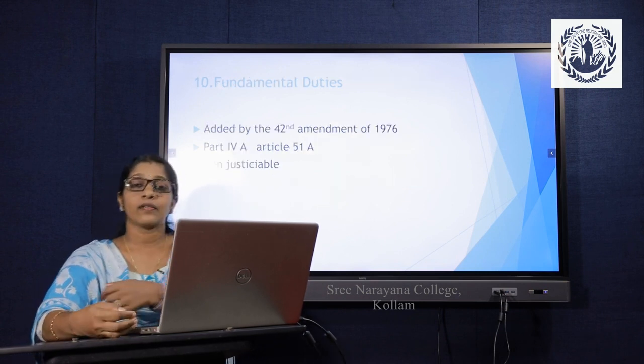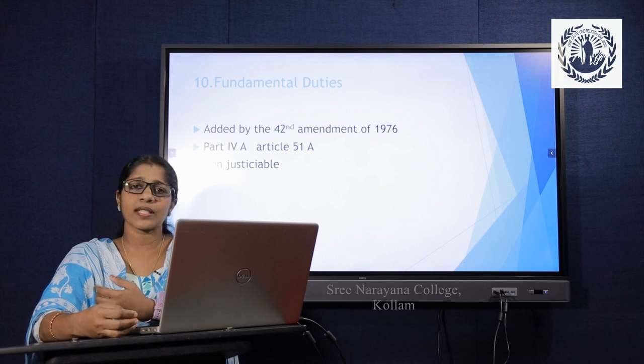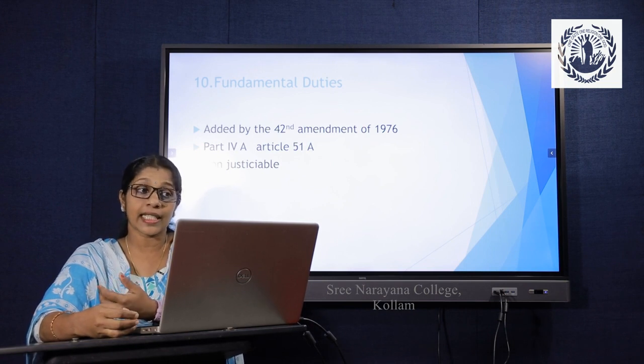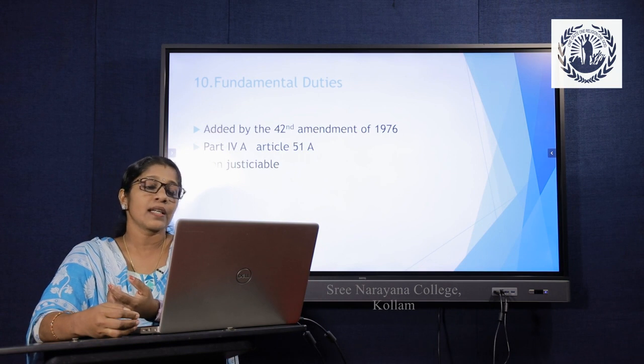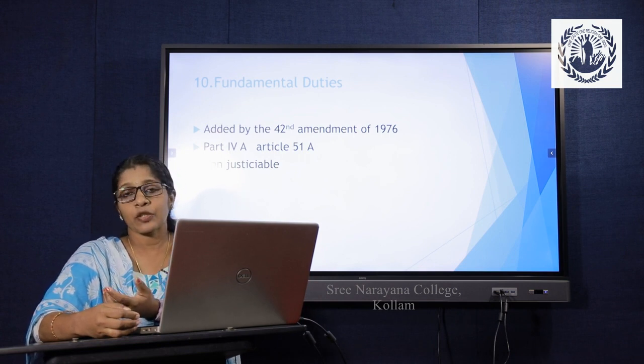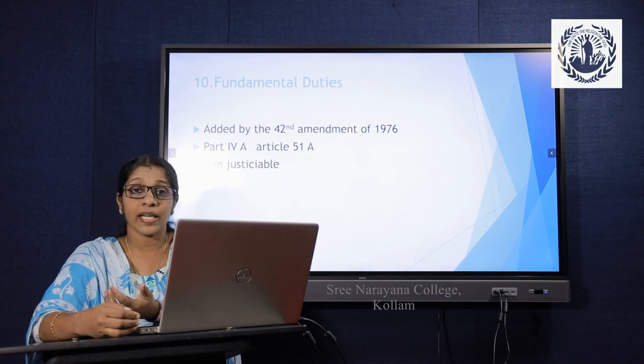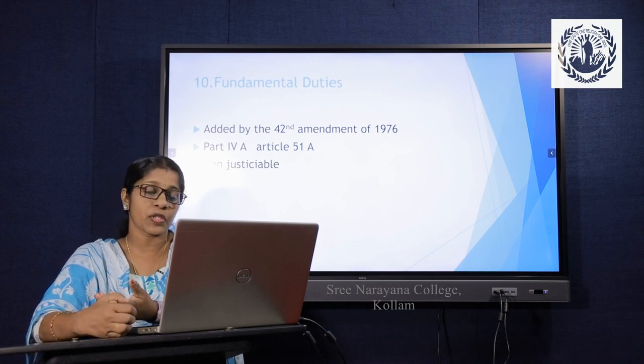And next is fundamental duties. Originally, our Constitution did not contain the fundamental duties. The need for including fundamental duties was felt during the emergency period. According to the 42nd Amendment Act of 1976, 10 fundamental duties were added in our Constitution.